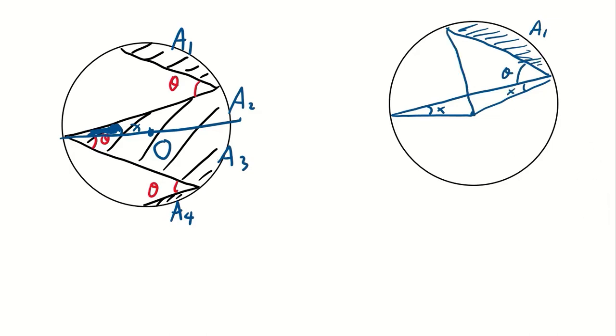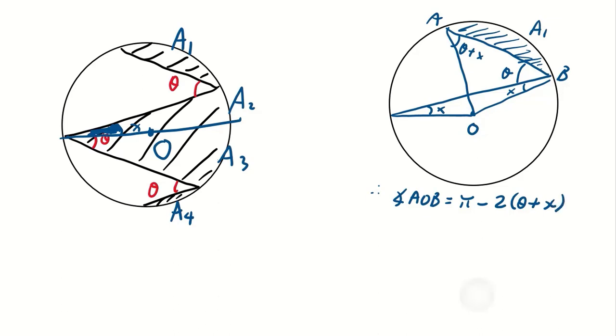Now we are going to get the area of the segment indicated as A1. Note that OAB is a sector and OA equals OB. Therefore the angle OAB also equals theta plus x, which means that the angle AOB equals 180 degrees minus double of theta plus x.